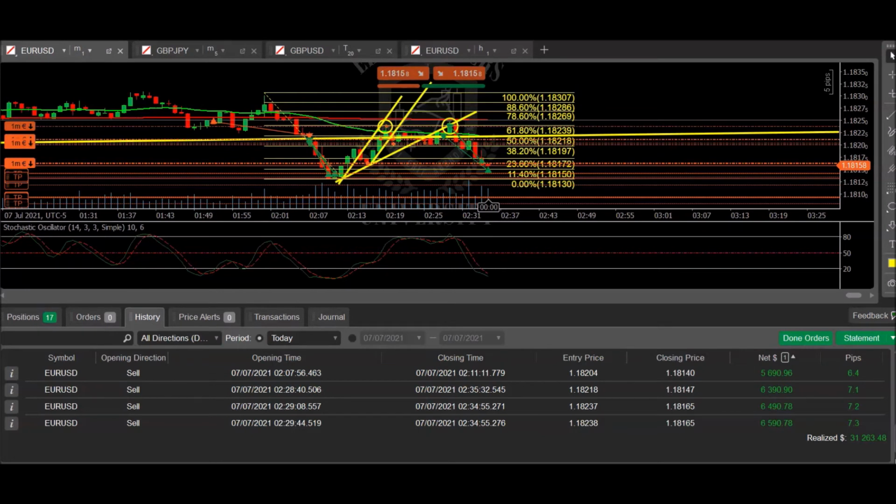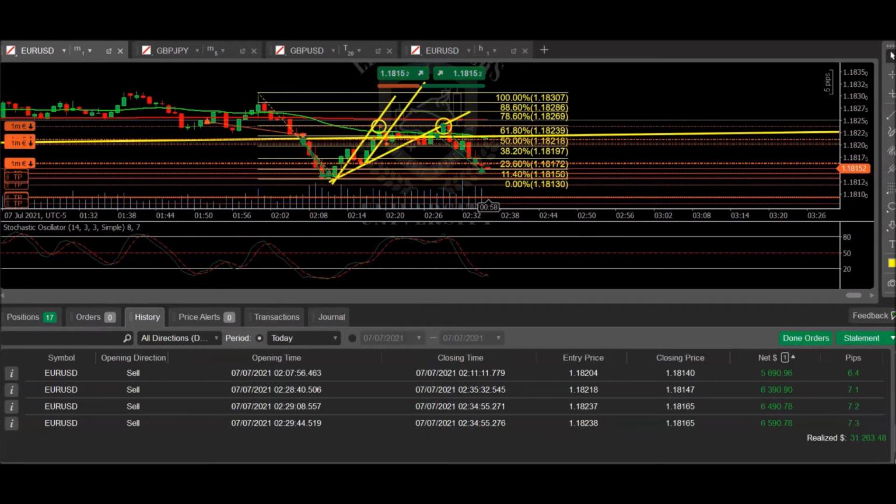31,263. Retesting the low. Stochastics is down below 20.